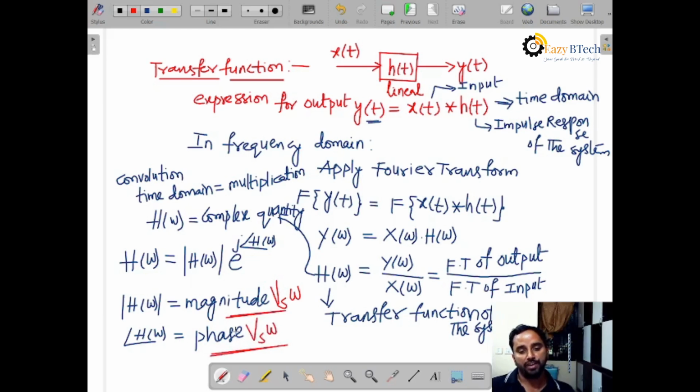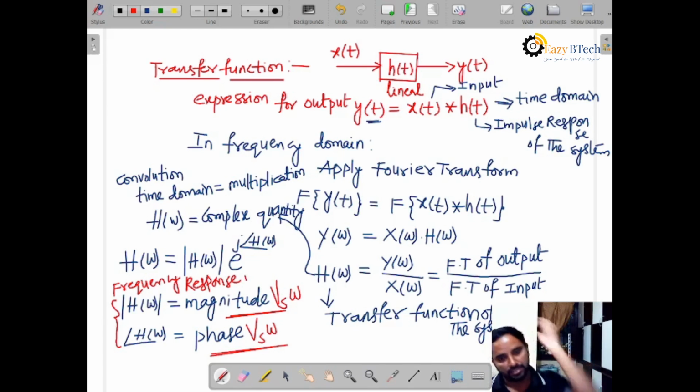These two plots, the magnitude plot and phase plot of the system, are called the frequency response.